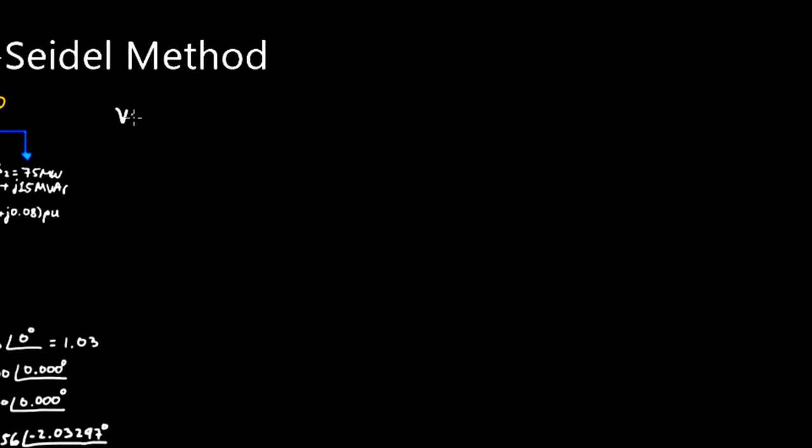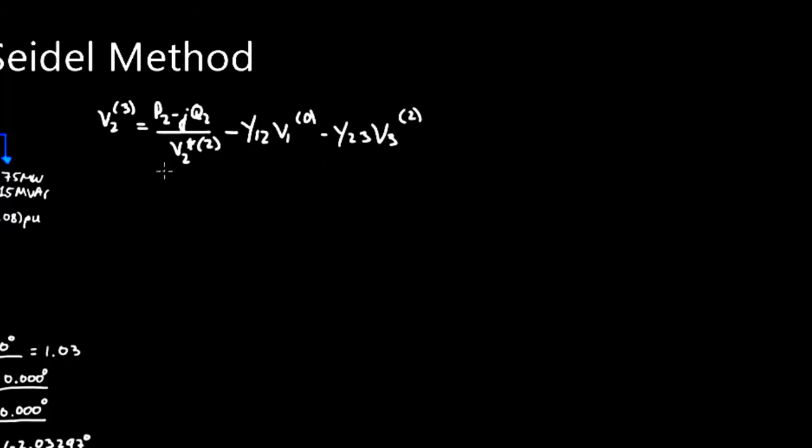I'm going to say that V2 of 3, so the voltage at bus 2 3rd iteration, is going to be equal to P2 minus J Q2 over the conjugate of V2 for the previous iteration, so V2 of 2, minus Y12 V1 of 0, and again, if this wasn't a slack bus, I would use V1 of the last iteration, minus Y23 V3 of 2, so the last iteration for V3, all of that divided by Y22.